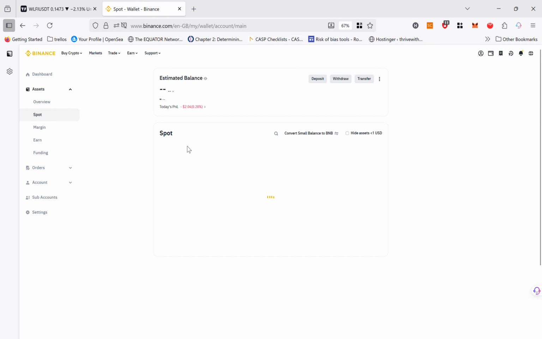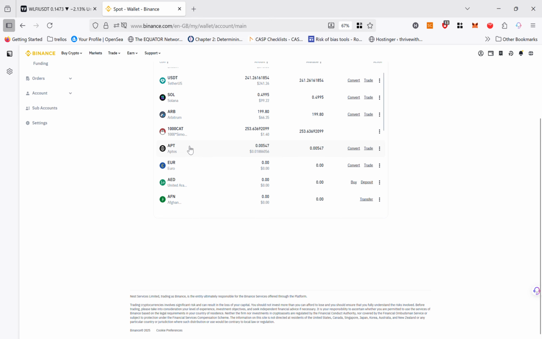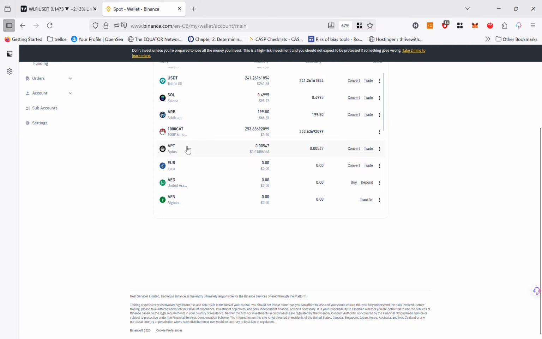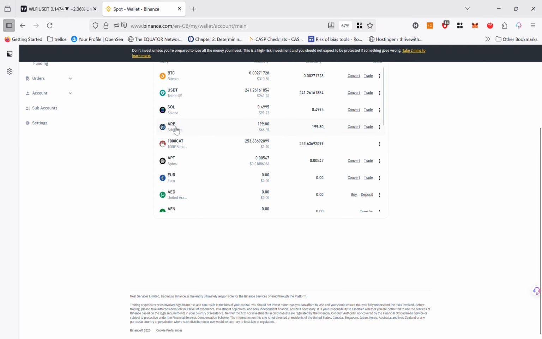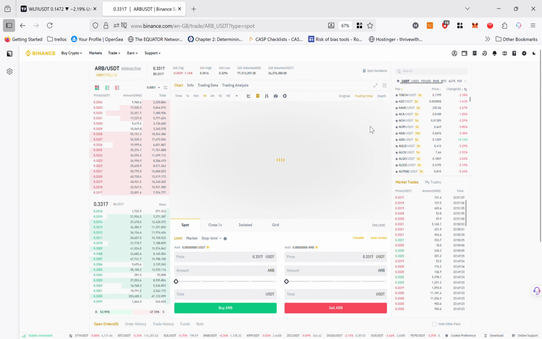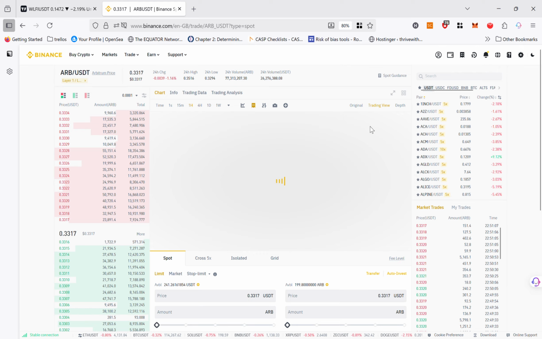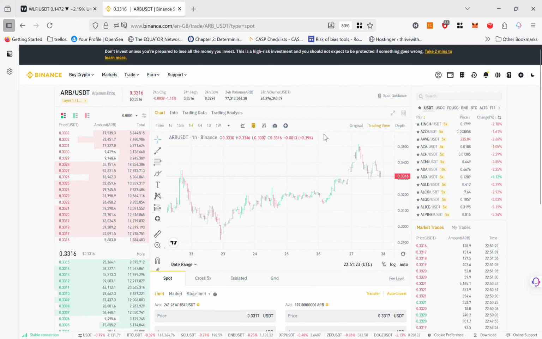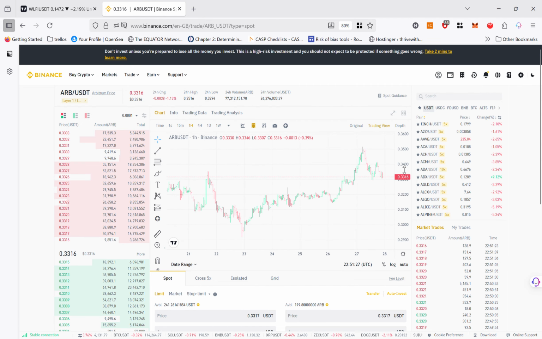Let's go into something I've been holding maybe for some time. Okay, Arbitrum. Let me increase my screen. Okay, let's assume this is whatever I'm trying to sell or set up an order.